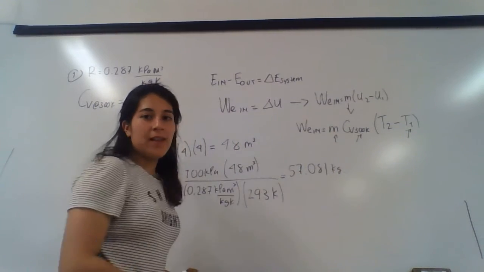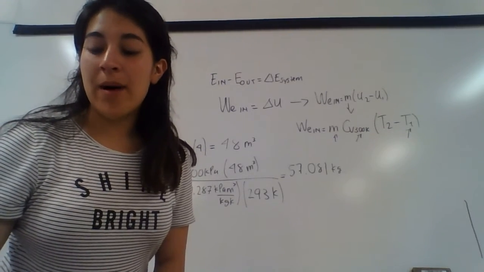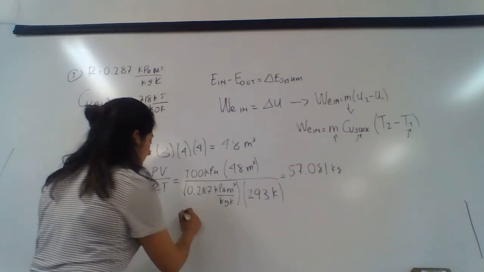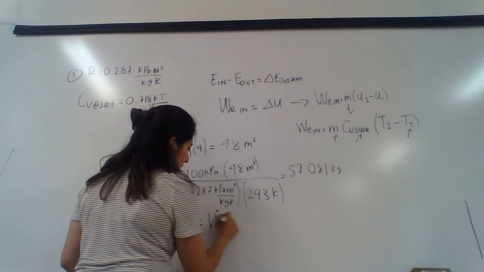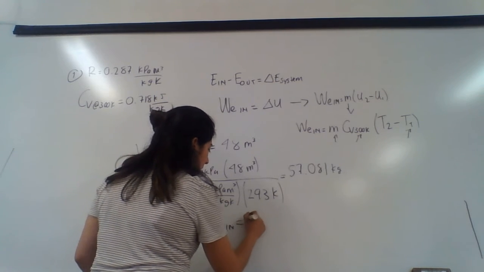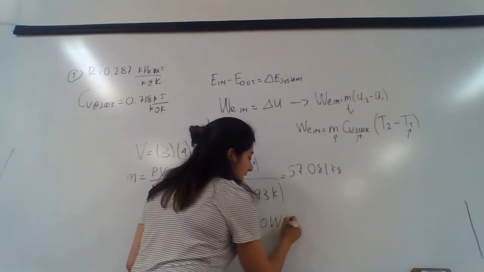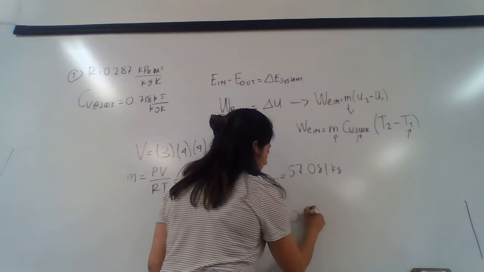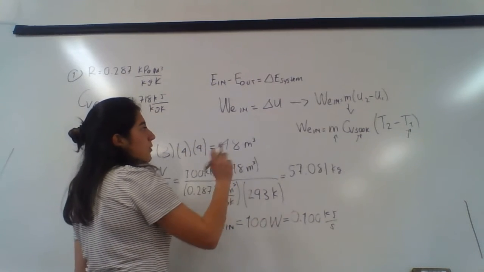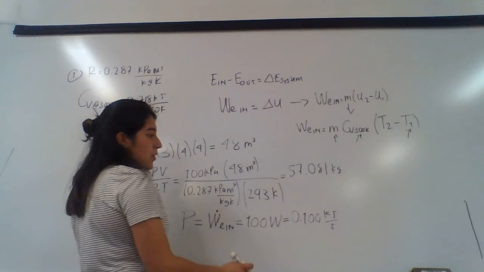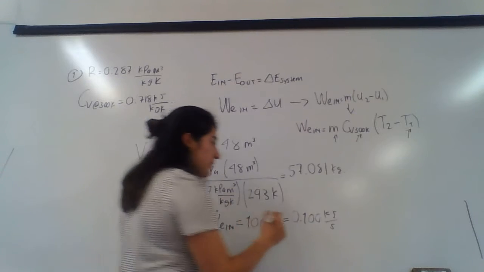So now we have this other value. For the electrical work that is going in, we can calculate it because they gave us the power of the fan. The power equals the electrical energy going in, but as a rate. It equals 100 watts, which is the power of the fan, and this equals 0.100 kilojoules per second. But we need only the electrical work without the rate, so we have to multiply by the time to get only kilojoules.